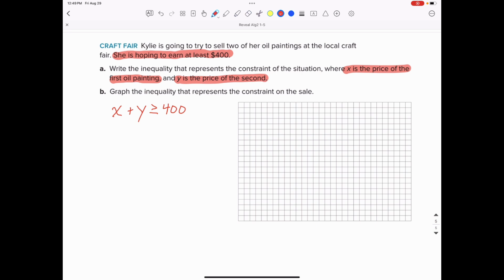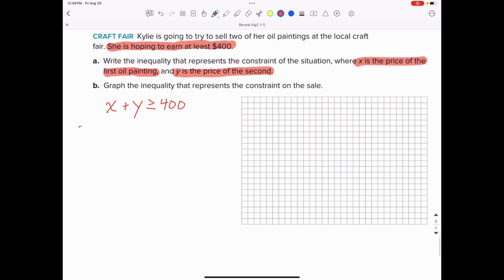If I do the x-intercept by replacing y with 0, I'll have x plus 0 greater than or equal to 400, which means x would be 400. And the same for y. If I do the y-intercept by setting x equal to 0, I would have 0 plus y greater than or equal to 400, which means the y-intercept is also 400.